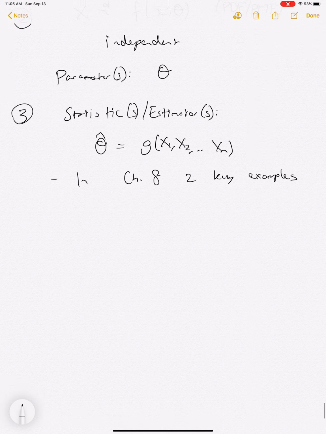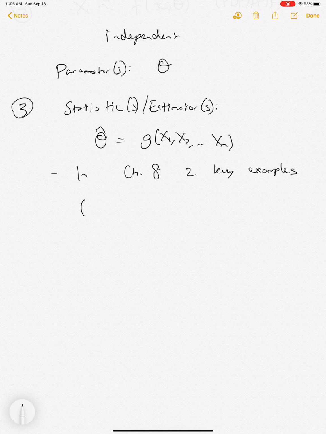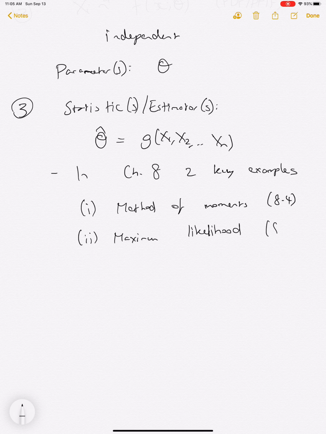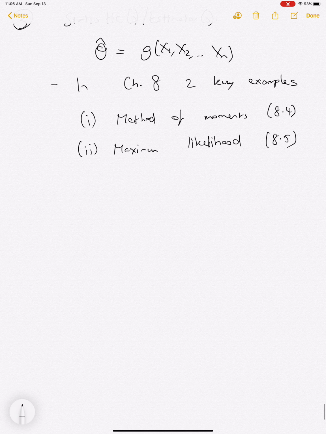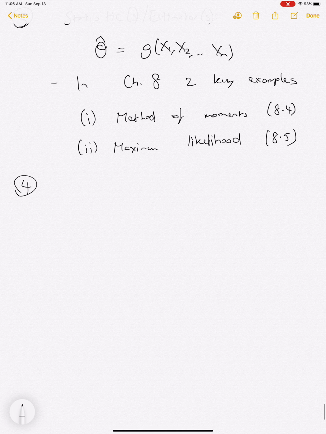In chapter 8, we're going to see two really important examples. And then 4 and 5 we're going to dive into a little bit later.